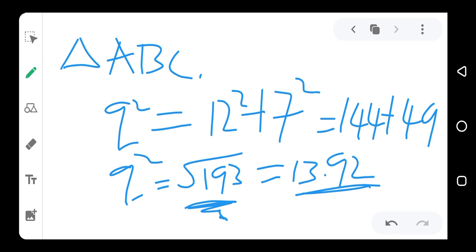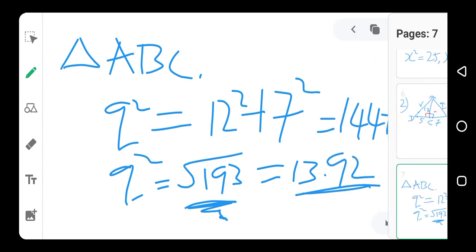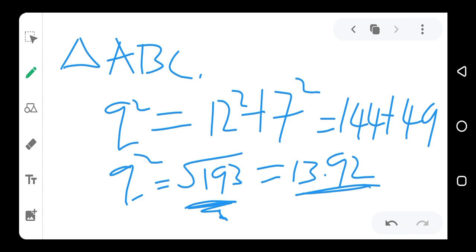But if you want to use it to solve another question, it is important you leave it like this, or you can still divide it to get the final answer. So Q squared is equal to this. Then this is Q. Q squared is equal to this.